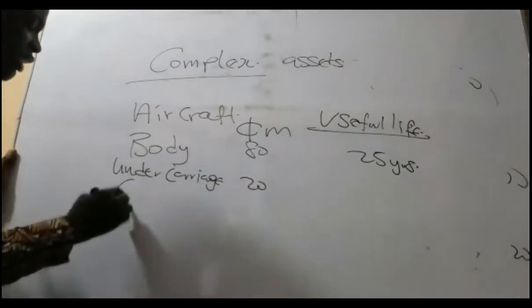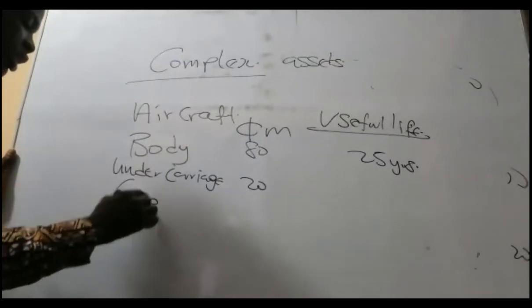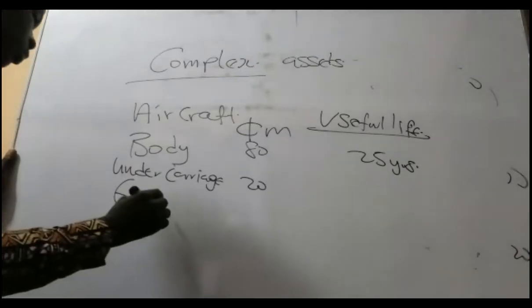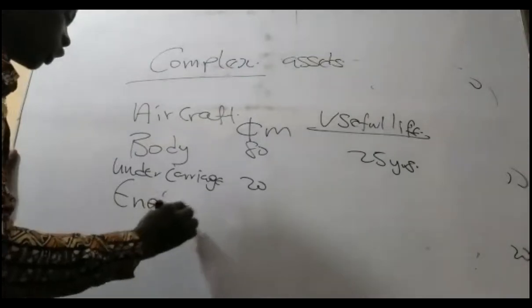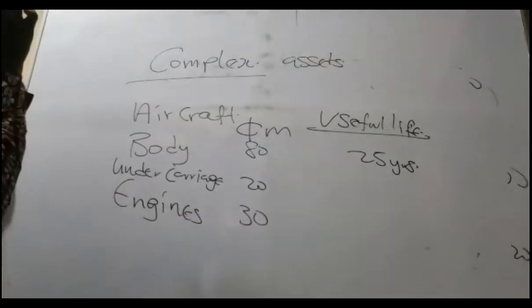And then the engines, maybe 3 engines, each of them is 10 million, so the 3 making 30.